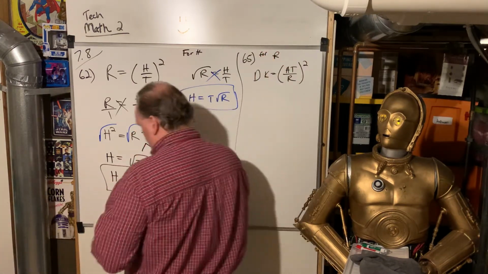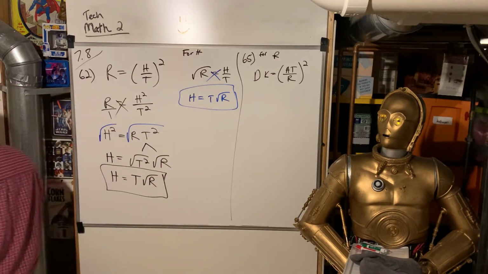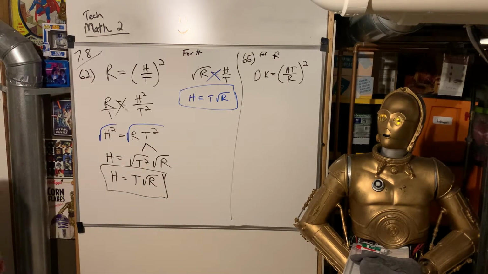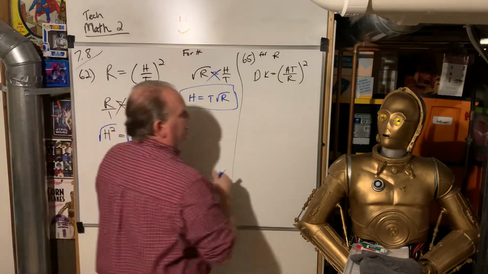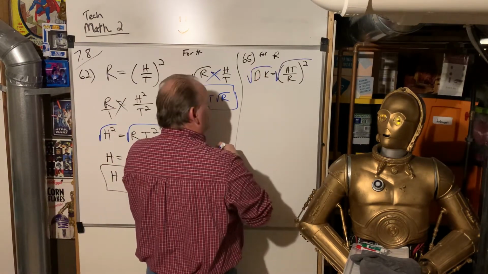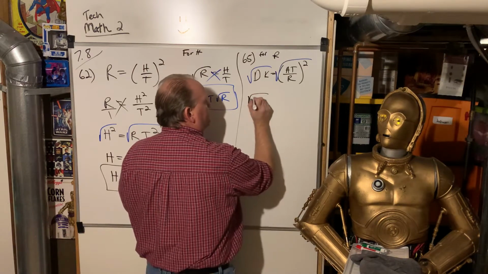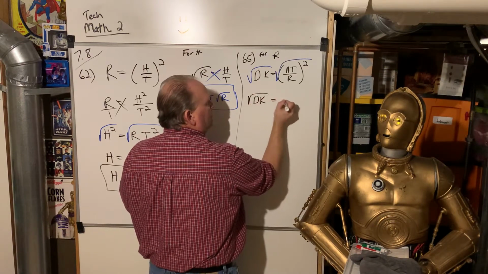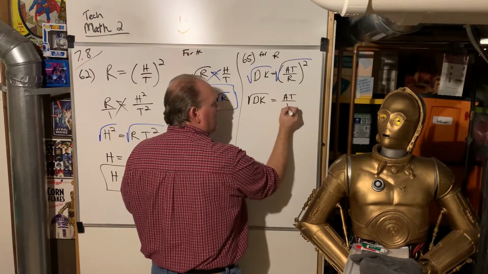All right. So we're going to definitely go this route. Let's take the square root of both sides. So now you've got the square root of dk is equal to AT over R.